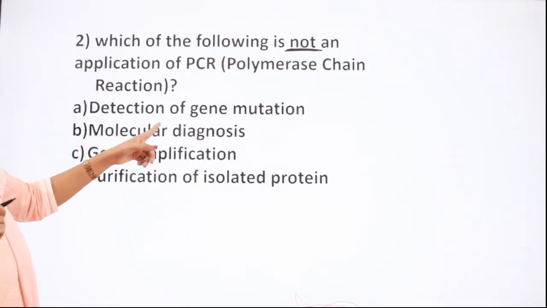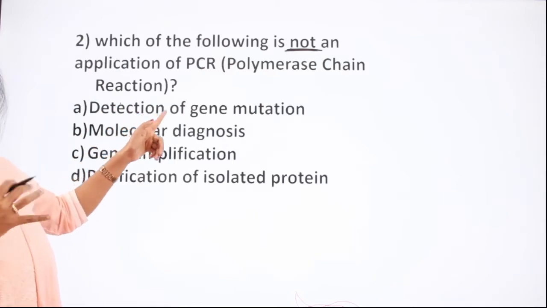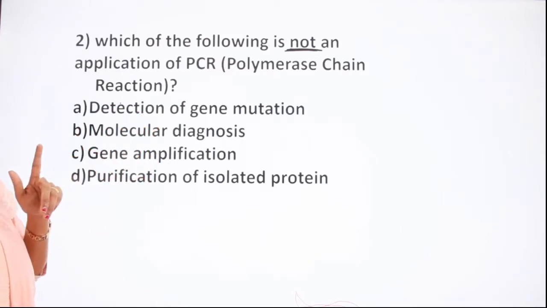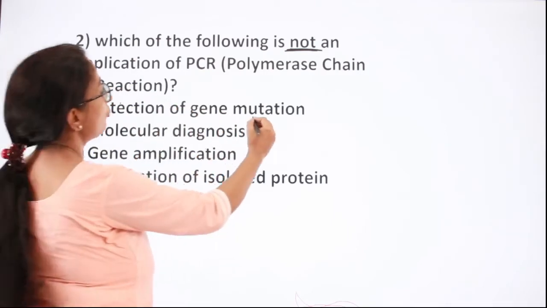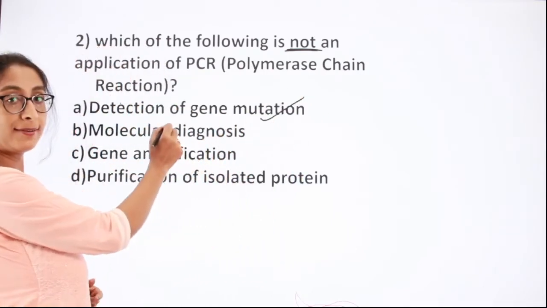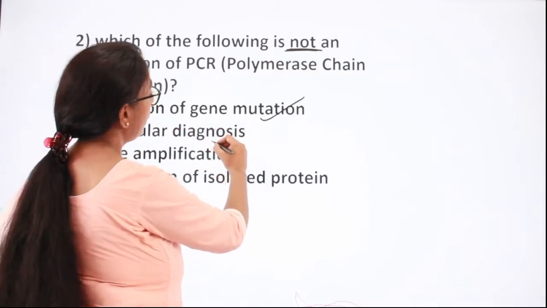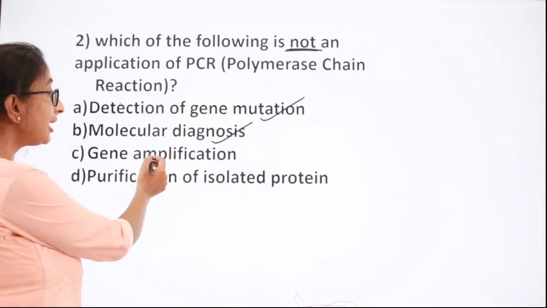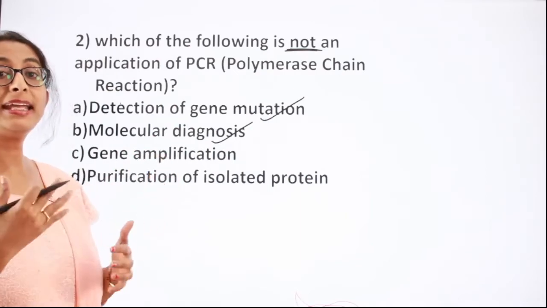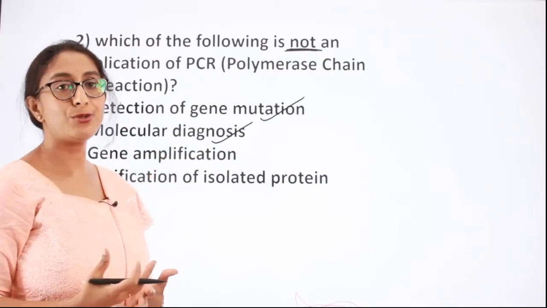Detection of gene mutation, yes, we can detect a gene mutation. I told you it is used in a lot of genetic studies. So it is an application of PCR. Then molecular diagnosis, yes, we can do a lot of molecular diagnosis and it is widely used in molecular biology studies. Then gene amplification, that is making several copies of the DNA segment which we have.